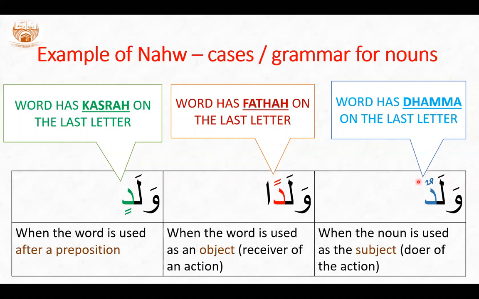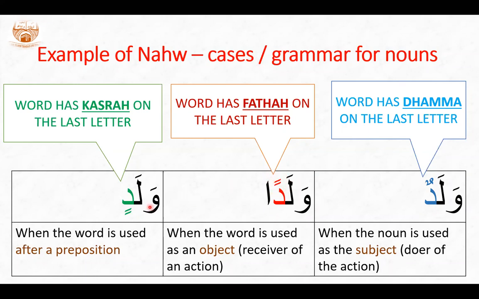So we read Zaid with Tanwin Dhamma: Zaidun. Who did Zaid hit? A boy. So a boy is the receiver of the action, fulfilling the function of the object. To show that, we apply fatha. This is the reason why we are saying fatha here.